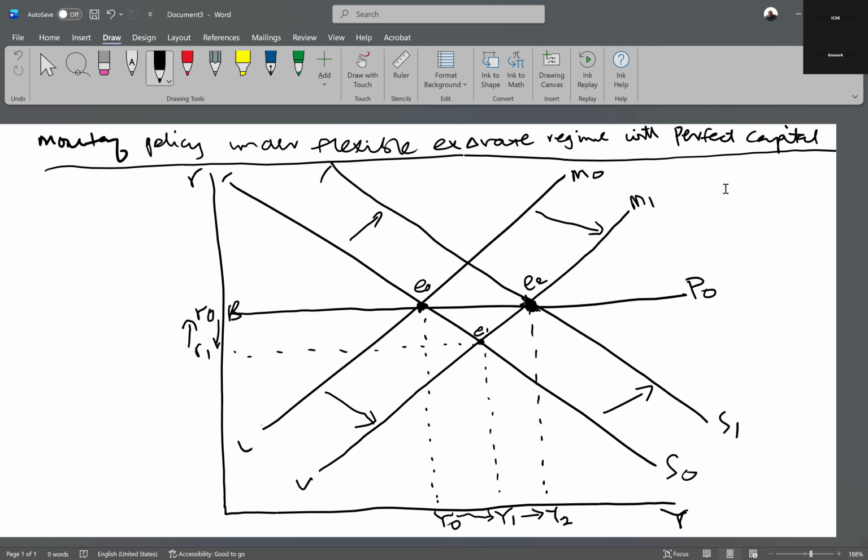Prof, please, I want to ask a question. With respect to monetary policy under the flexible exchange regime with perfect capital mobility, if the government decides to apply the fixed exchange rate policy in such an economy, what will be the effect on the macroeconomic indicators? What kind of question is this?